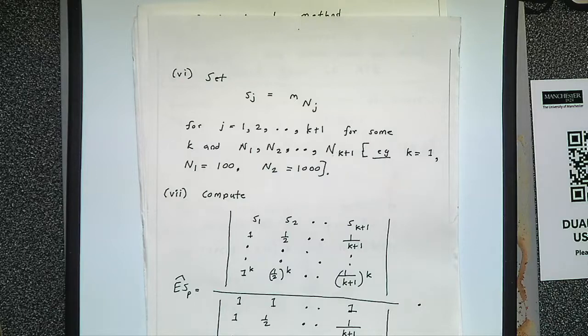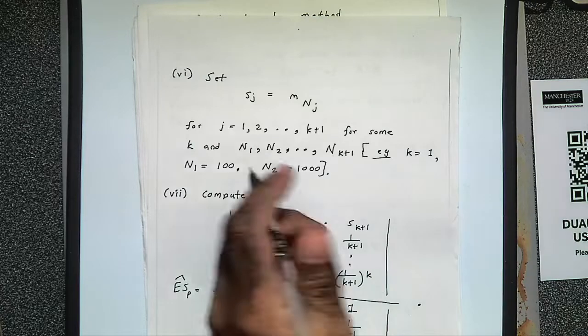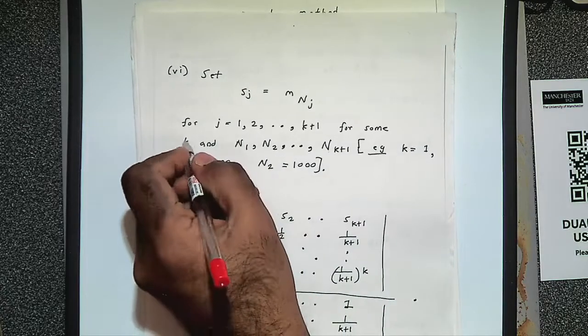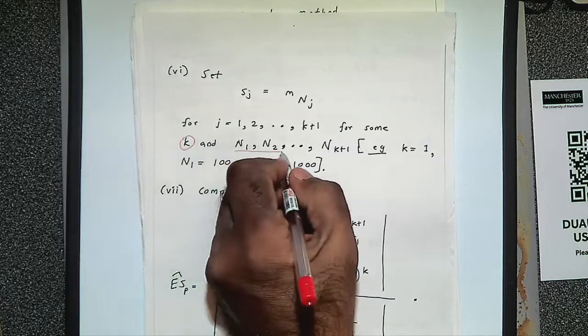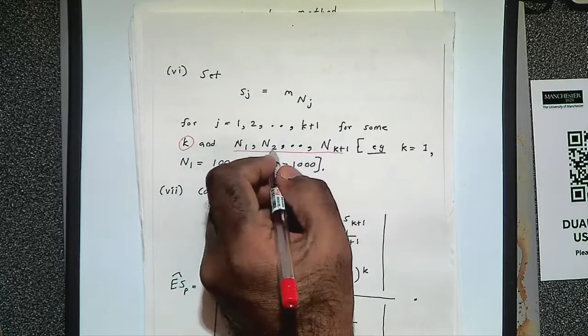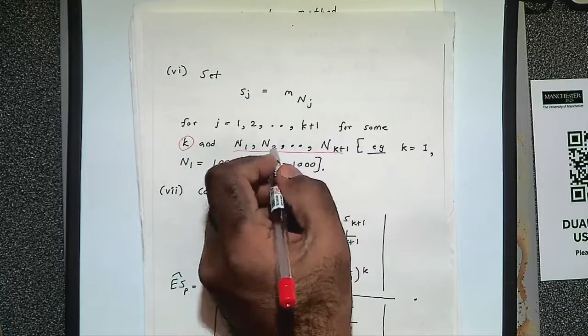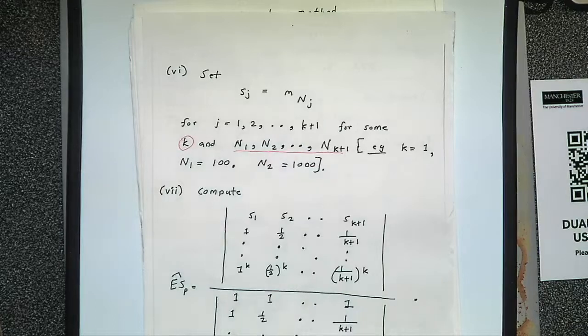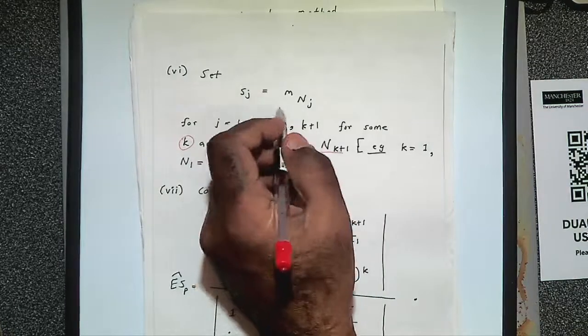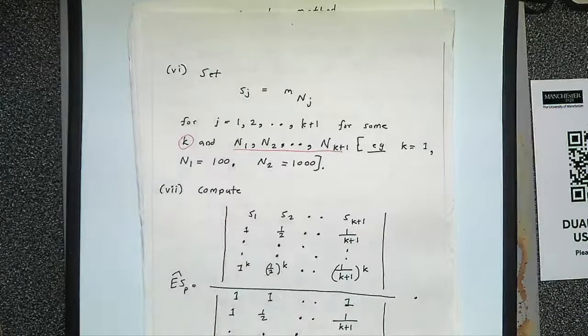It could be like 100, 200 up to say 1000, or 1000, 2000 up to say 10,000. That really doesn't matter. Then you compute this using the previous steps.